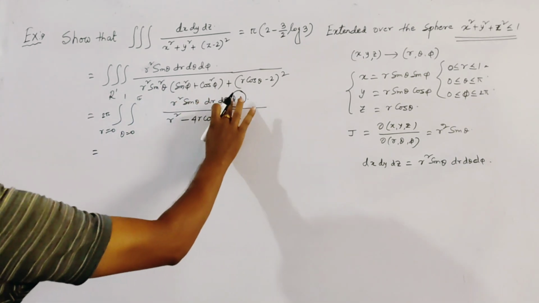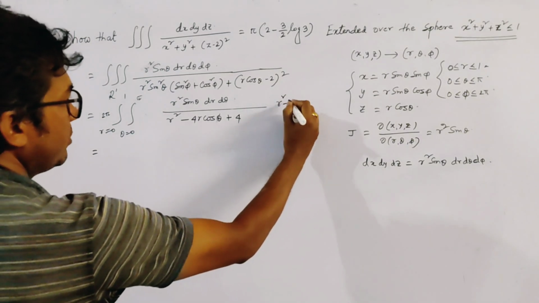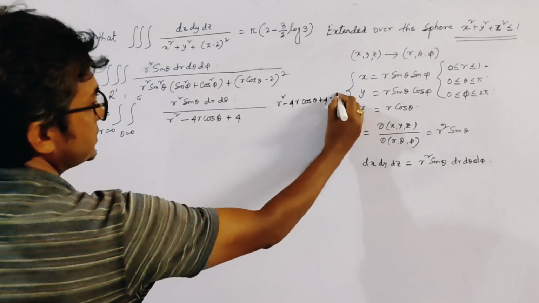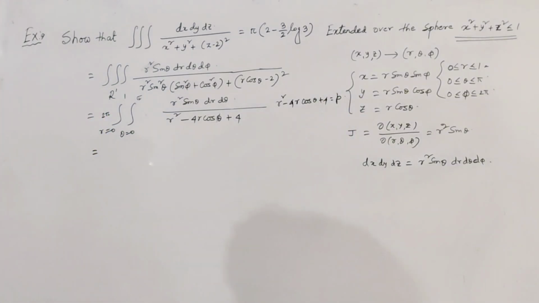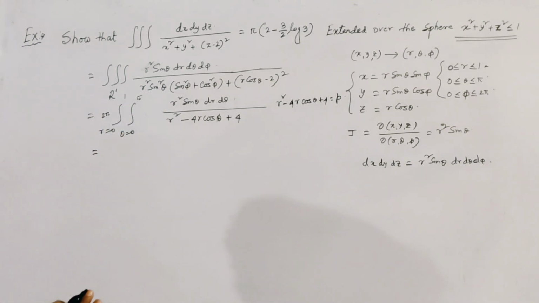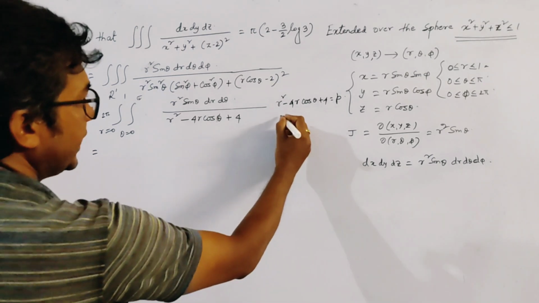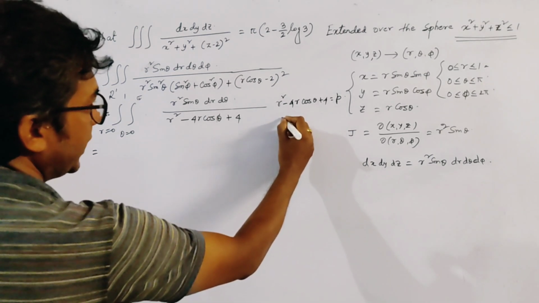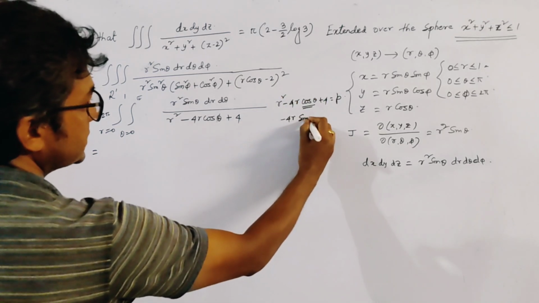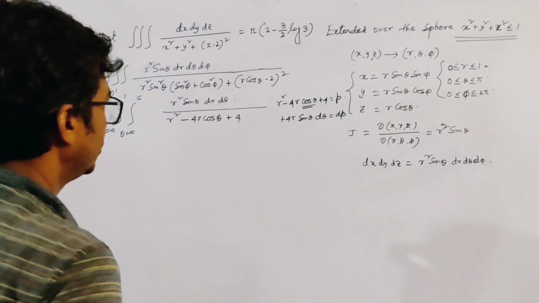Now to integrate with respect to theta, we put r square minus 4r cos theta plus 4 equal to p, taking r as constant. Then we get minus 4r times the derivative of cos theta, that is minus sin theta d theta, equal to dp.